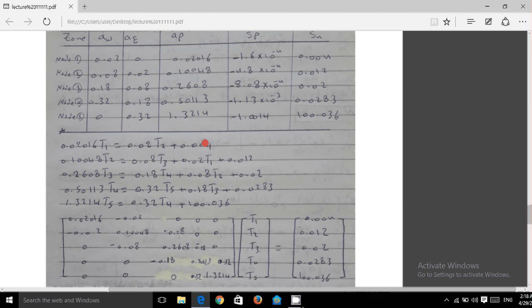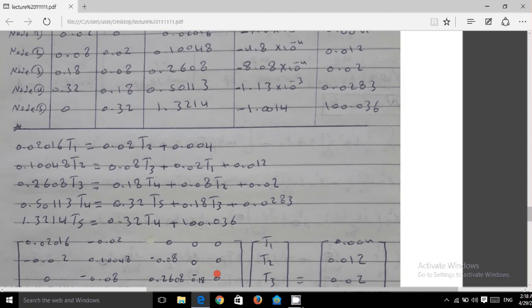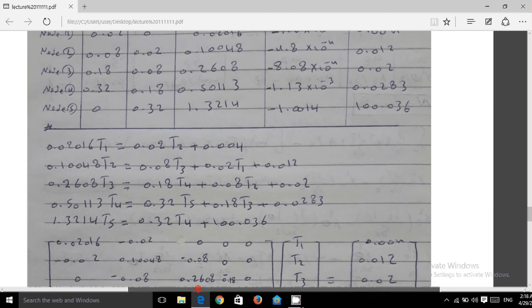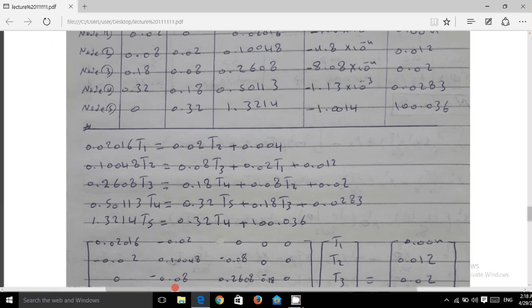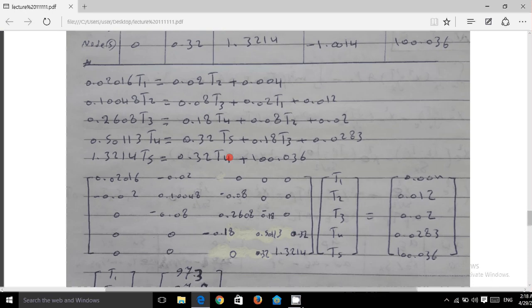After you wrote the equation, then you will write it like a matrix. When you write the matrix, you will convert all of the T terms to the left hand side, equal to the source, because the source will be the B matrix.